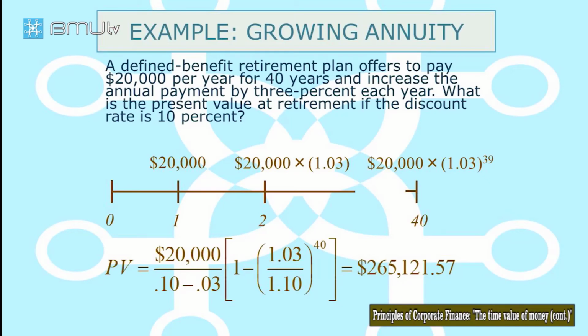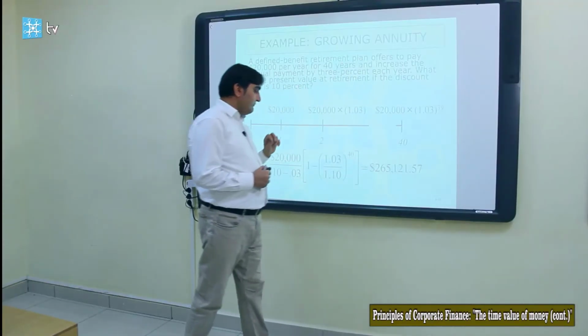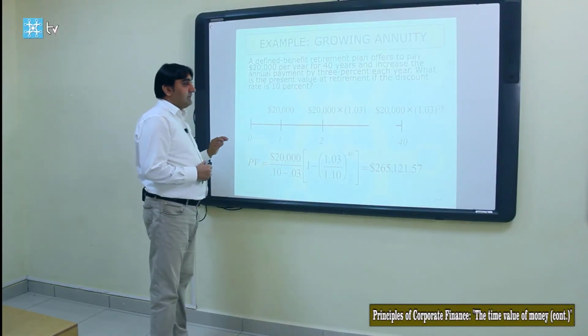So you get 20,000 in year 1, next year it goes up 3%, next year again 3%, and for 40 years. Obviously it's a growing annuity. Applying our formula, we get around 265.1 thousand.